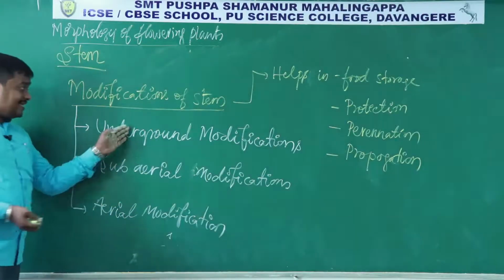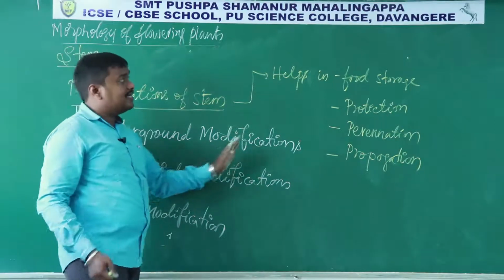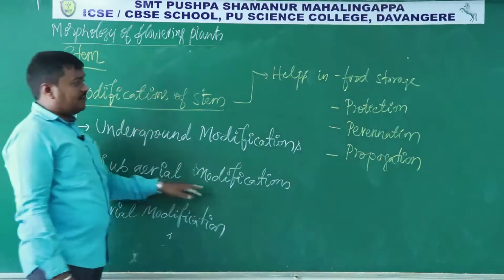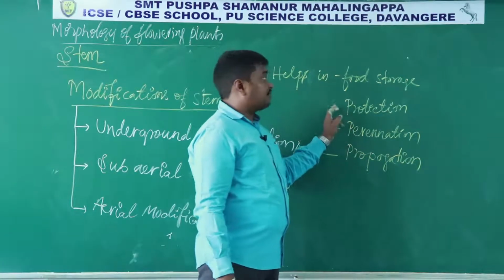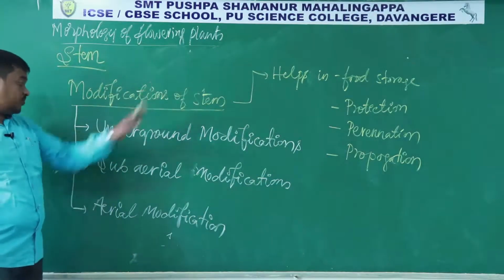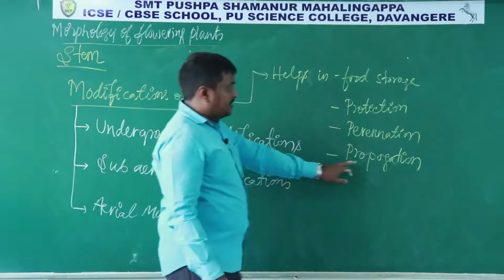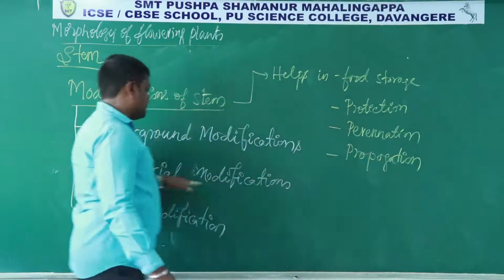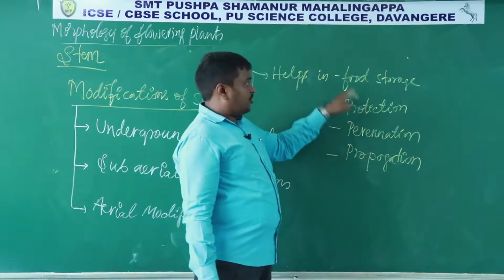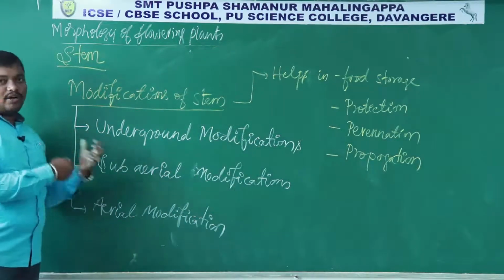So these modifications help in different ways: underground modification helps for food storage and perennation, whereas subaerial modification helps in protection and even food storage. Then aerial modification helps in propagation, for the most part. ಈ ರೀತಿ ಎಲ್ಲ ಟೈಪ್ಸ್ಗಳು ಕೂಡ modifications ಇದೆ.